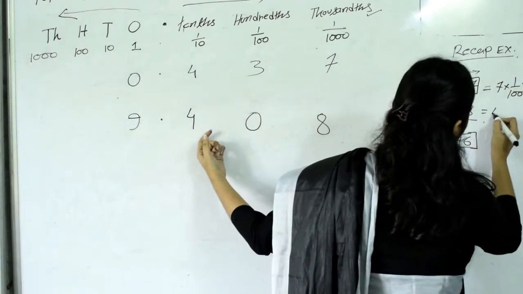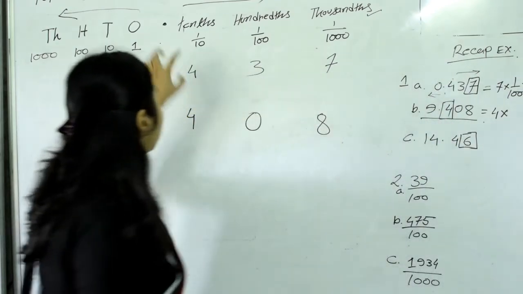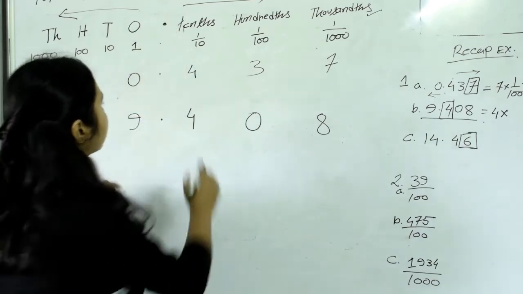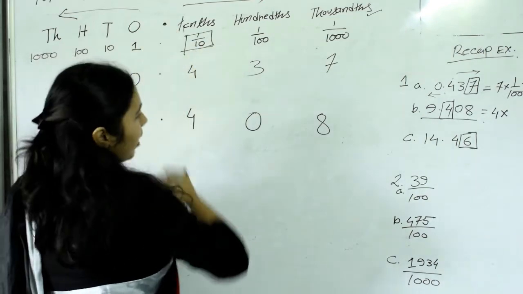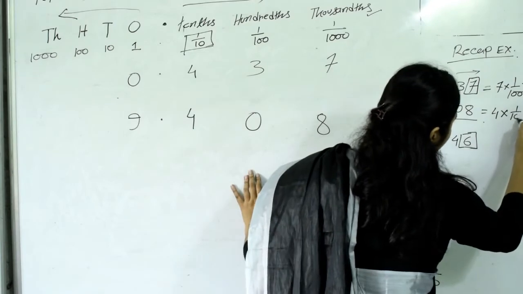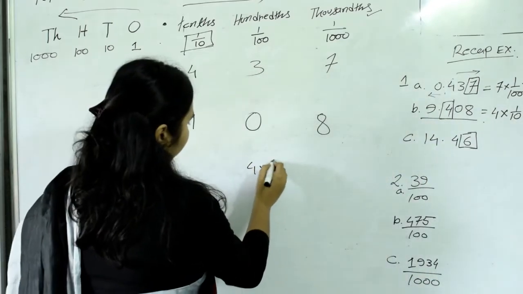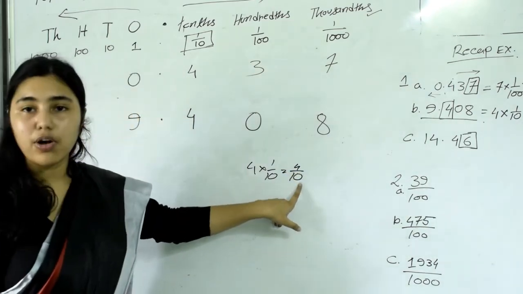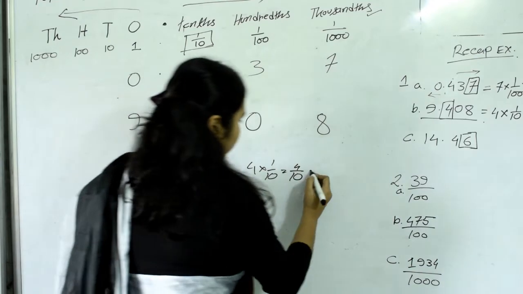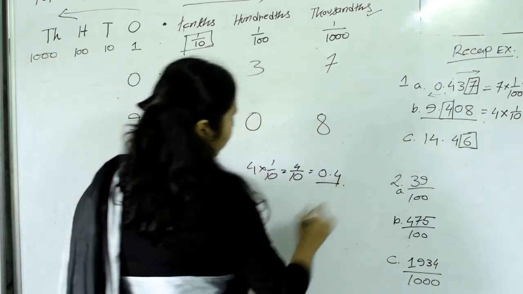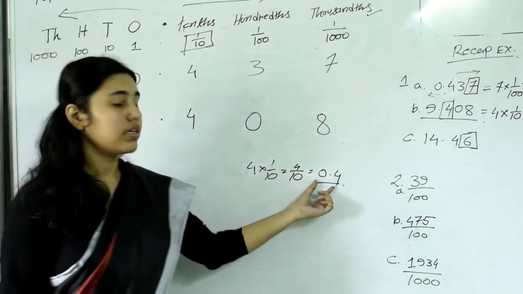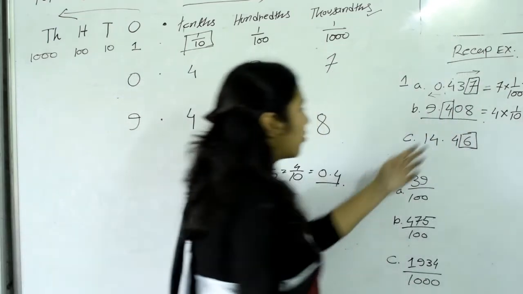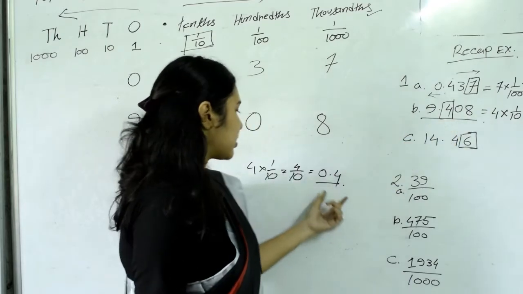So the place value of 4 is 4 into the tenths place. 4 is in the tenths place. So 4 into 1/10, which means 4/10. Here 1 is followed by only 1 zero. So we can write 4/10 as 0.4. So the place value of 4 in this number is 0.4.